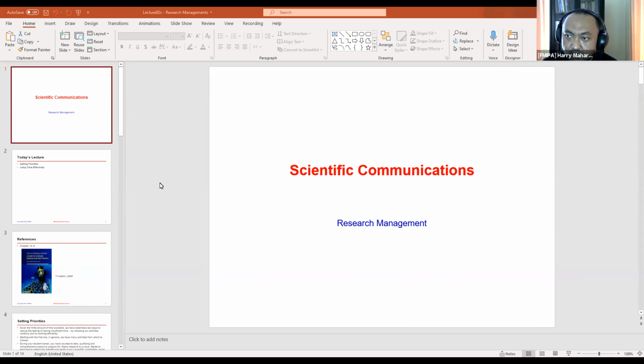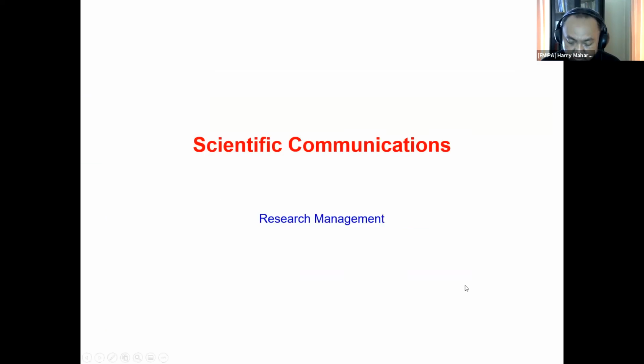It is related to how we manage our research or our work, or in a smaller scope, how we can manage our paper writing or presentation preparation. So after we have our topic in mind, set up our plans, and select which type of project we want to do in order to solve a certain problem, now we need to know how to manage our work itself.